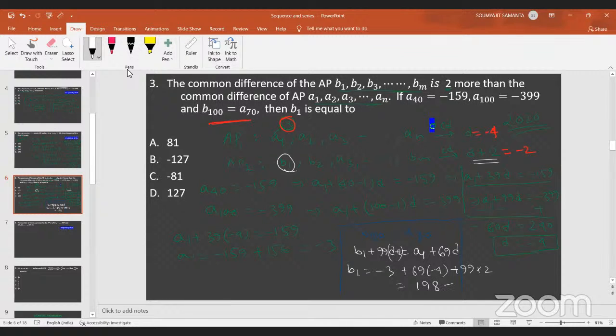Minus 83... So that's 81. Minus 81. Yes. So the option is C.